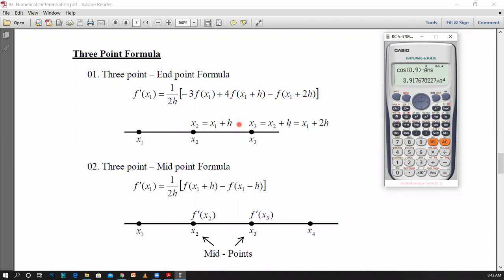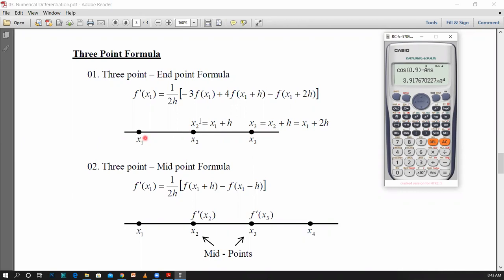If this is your point x1, then the next point, which I name x2, is the second point. This distance is h, which is why I have used x1 plus h. The next point is h distance away from x2, so from x1 it is 2h away.